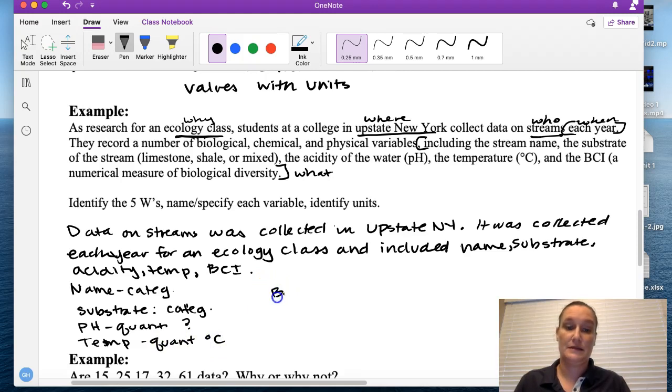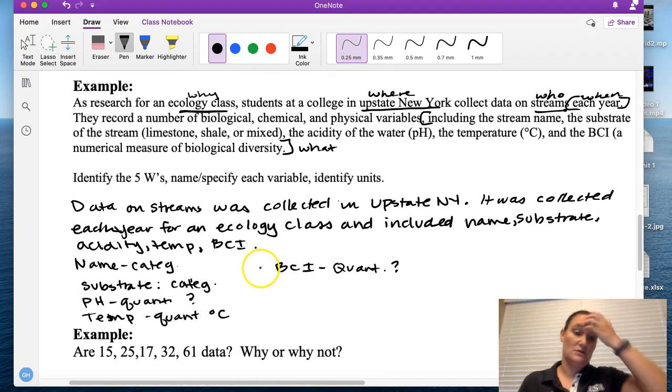And then BCI is a numerical measure of biological diversity. So this is obviously quantitative. But again, they don't say what the units are, and unless I Google it, I don't know what the units are. So I'm just going to put a question mark. Or maybe we should have said acidity and the units are pH. I don't know. All right, so I think there are units to pH, but it's been a long time.